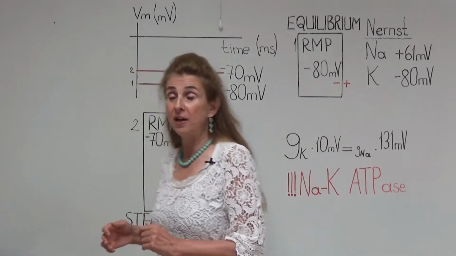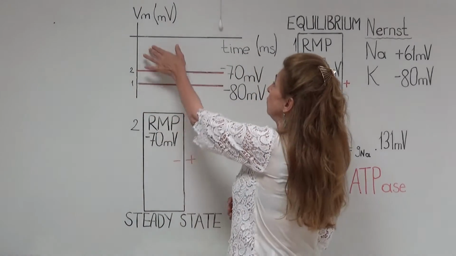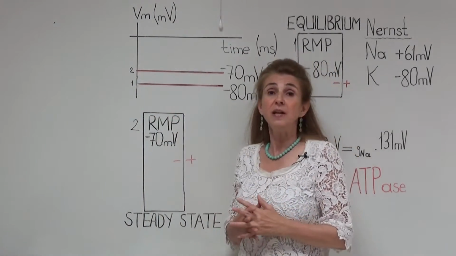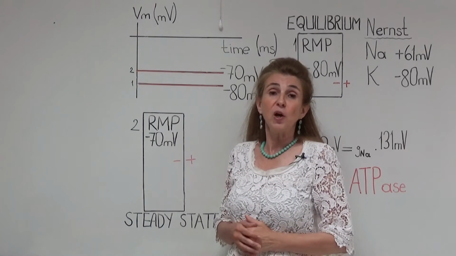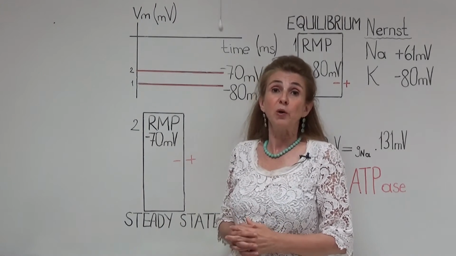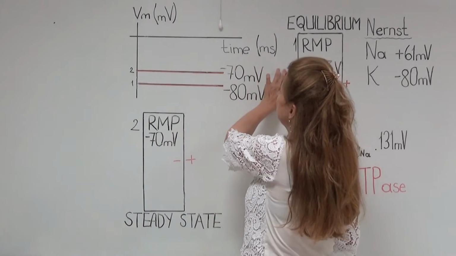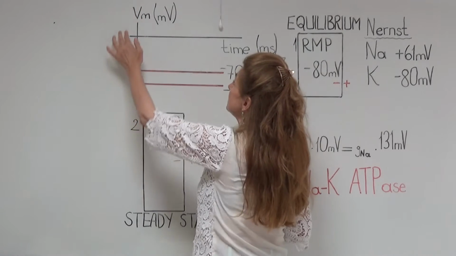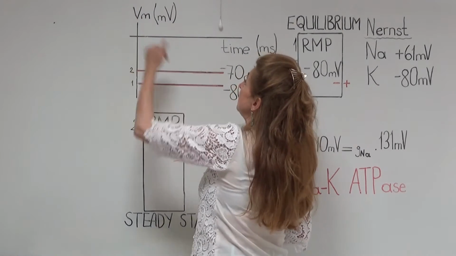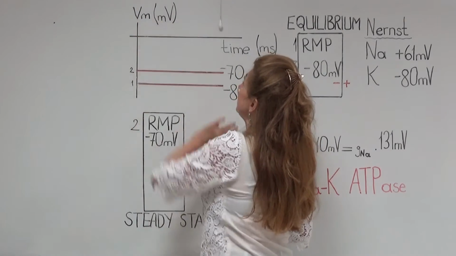So let us start. Here we see the voltage time graphic. It's a graphic that is very commonly used when we talk about bioelectrical potentials. In the horizontal axis is time in milliseconds, and in the vertical axis is the membrane potential in millivolts.